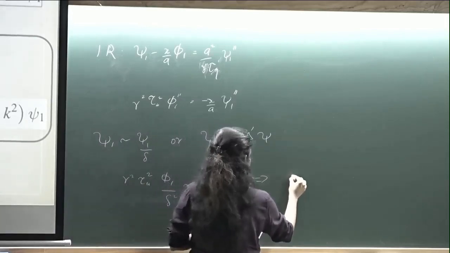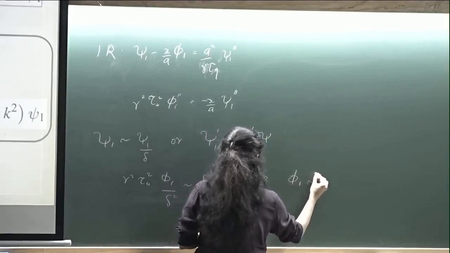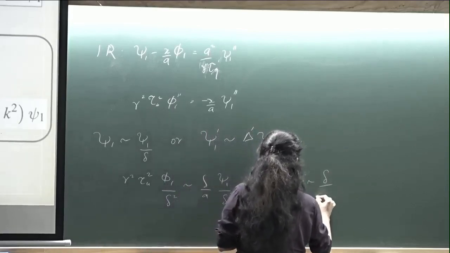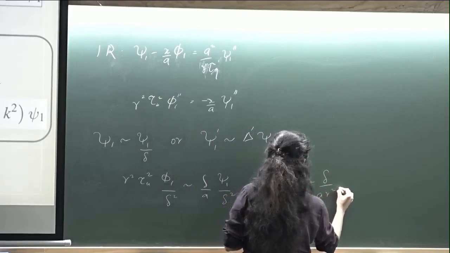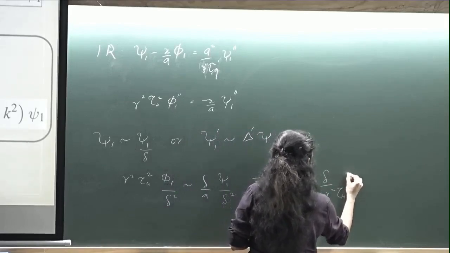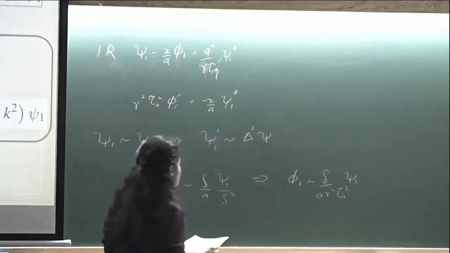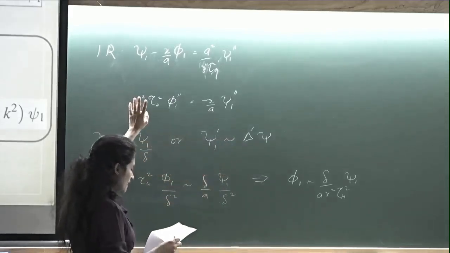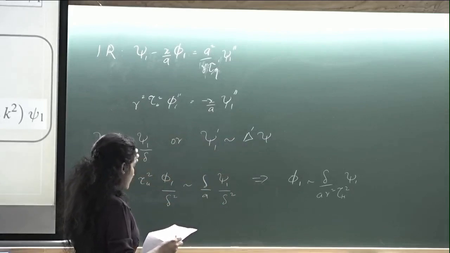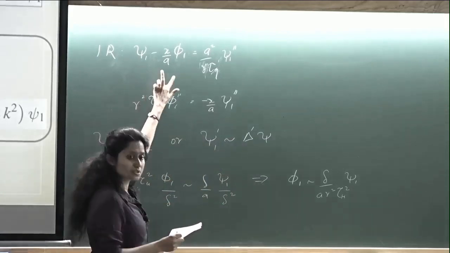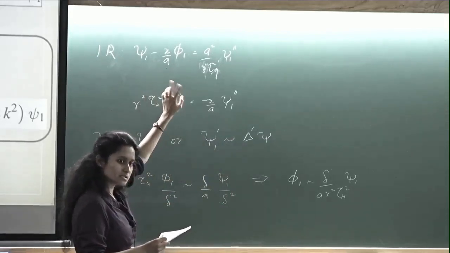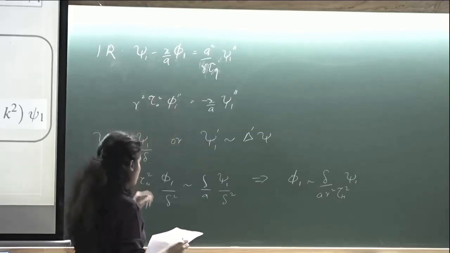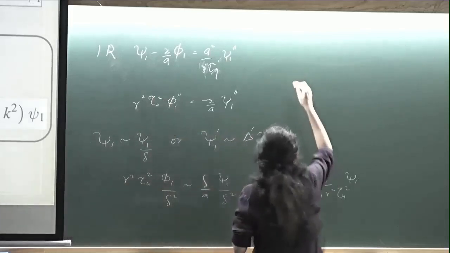So this gives me phi1 goes as delta by a gamma square tau h square psi1. This is something that I get directly from the second equation. From the very first equation, I'm going to take the first two terms and consider that they are of the same order.